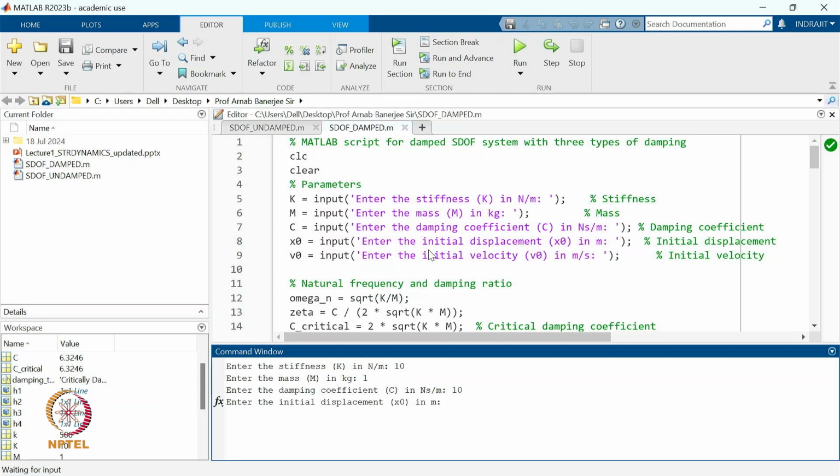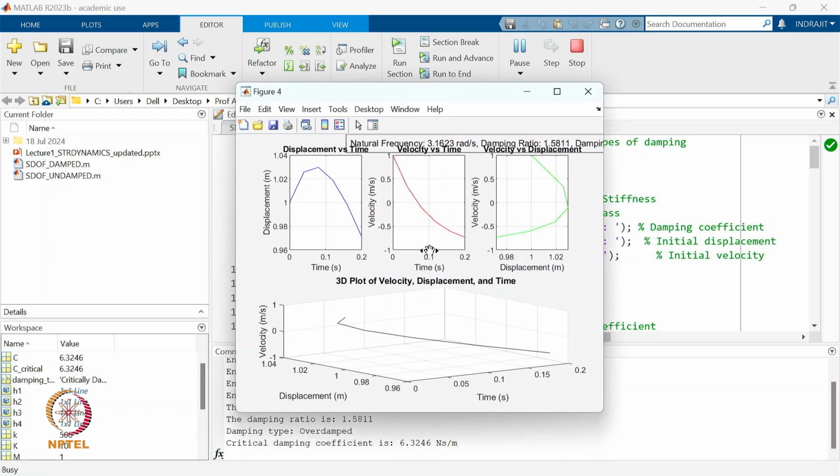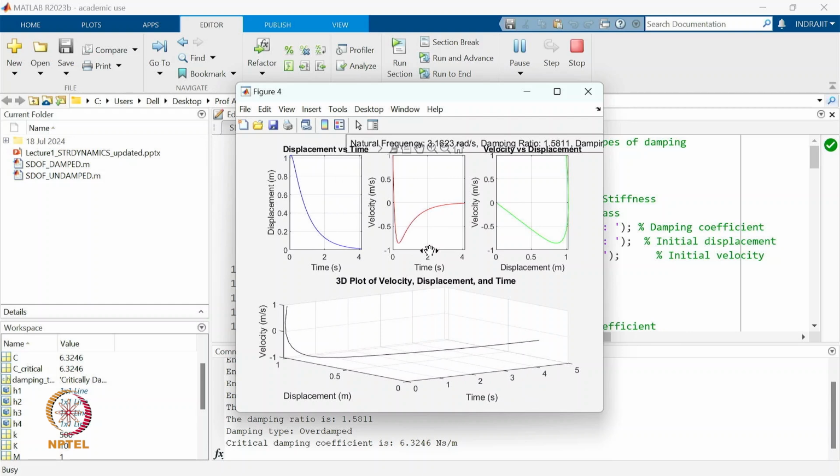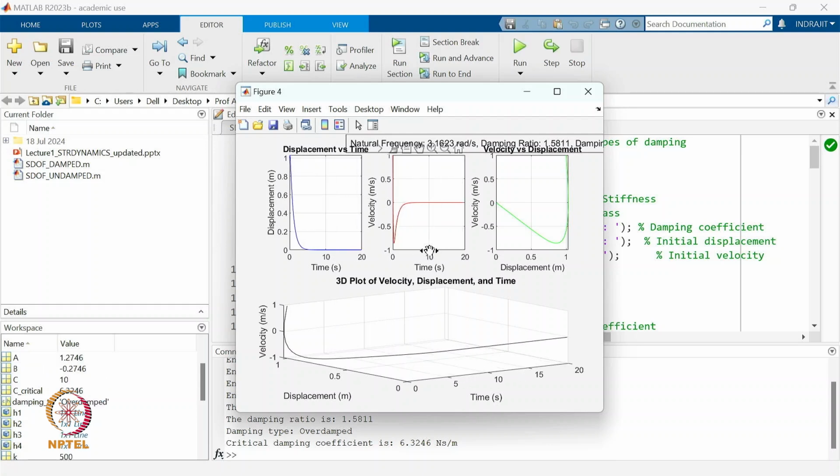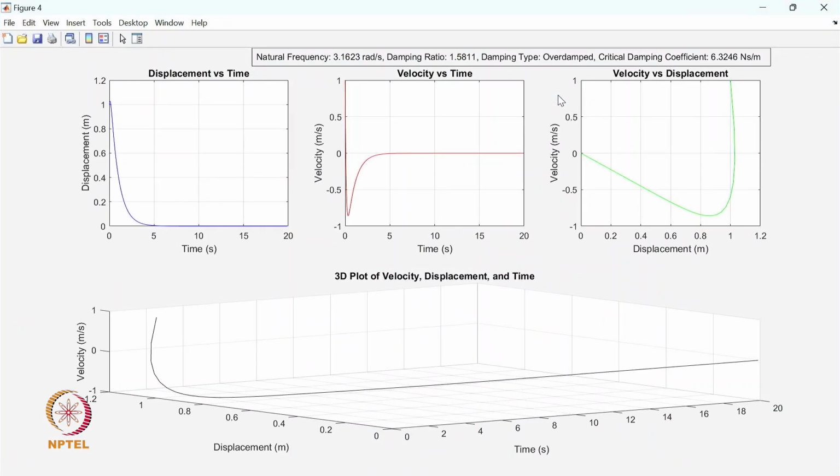Initial displacement maybe 1. So you can see it starts from 1, goes, comes, and then goes like this.